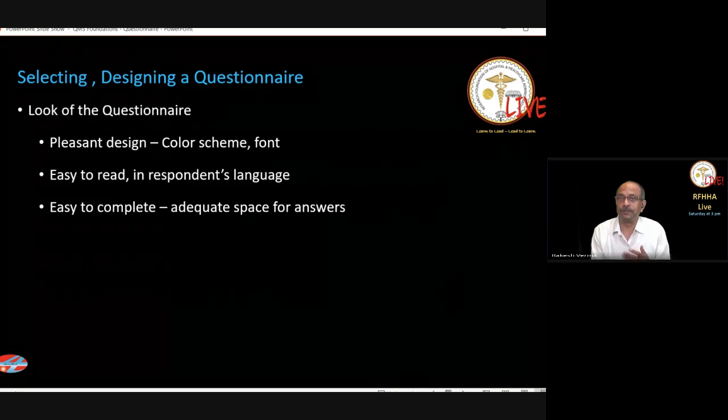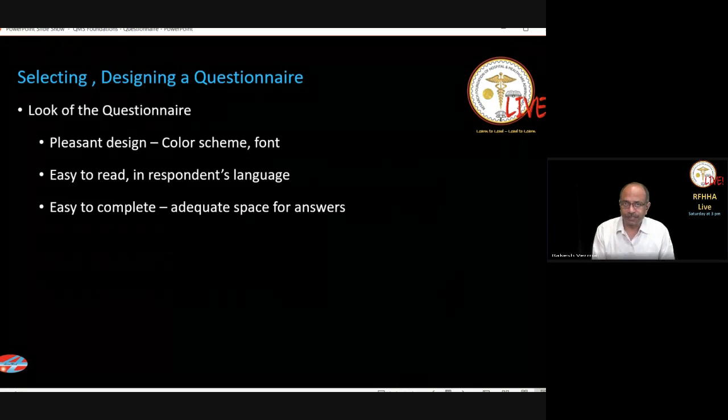Sometimes you may need to translate the questions, and when you translate immediately, there will be some loss of clarity in translation. So translation losses are possible and they happen. And the questionnaire should be easy to complete. How many times we have filled a form in the bank where the form has such small spaces that we can't even write our phone number or the bank account number properly.